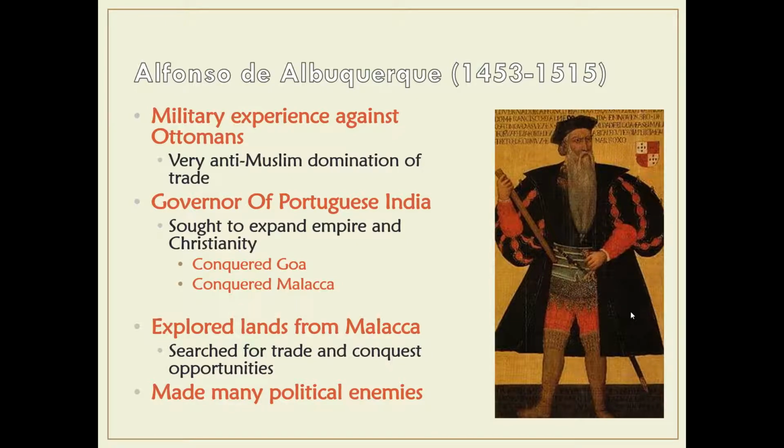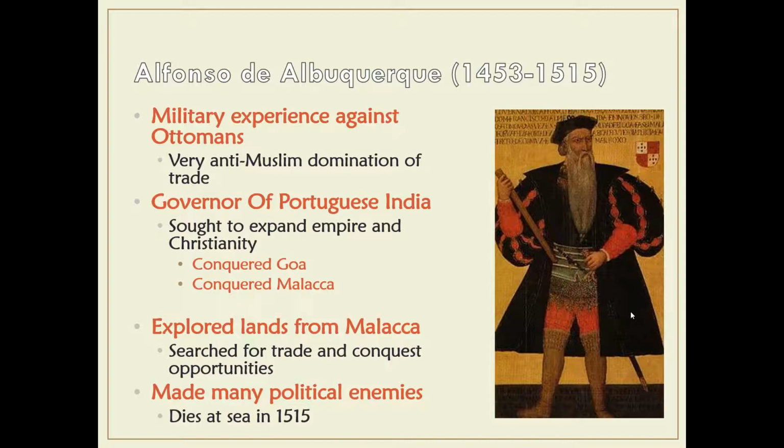But a lot of the people think that he's getting land for himself, and he makes a lot of political enemies, and he is going to die at sea in 1515. People believe that he was assassinated, that he was a victim of political intrigue.